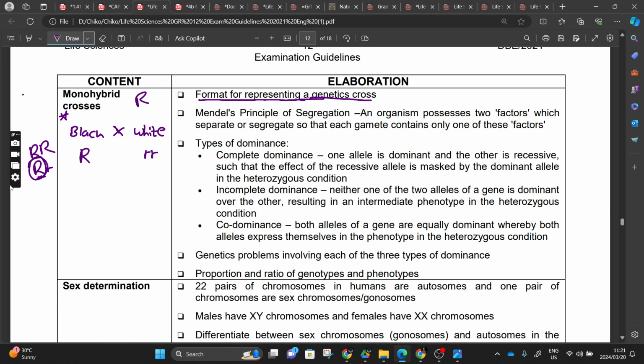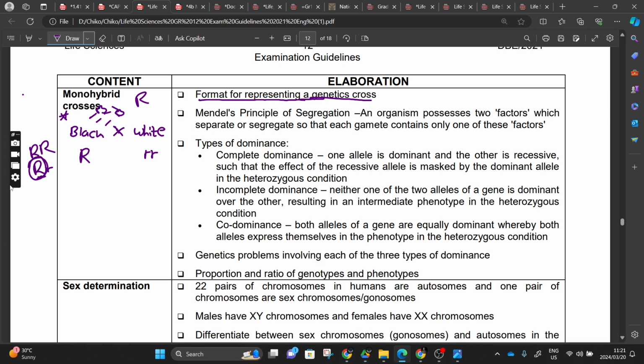And then maybe the statement that they gave us says, show us that there's a possibility for this black man, this black guy, and this white girl, that they can have a white baby, not a yellow bone one.